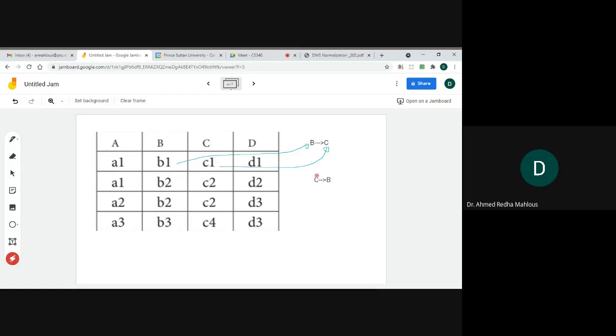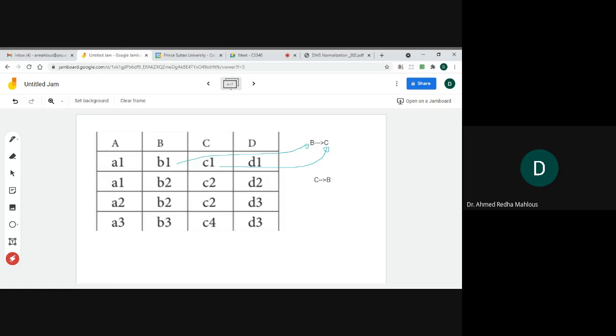This is the meaning of the functional dependency: each time I do have an attribute, one or many, on the left-hand side, I can automatically have the right-hand side. That means C2 on the left-hand side gives me B2, and another C2 gives me the same one. That means this is verified. There is no violation. C4, B3, it's okay. I don't have another C4. That means I can deal with it.